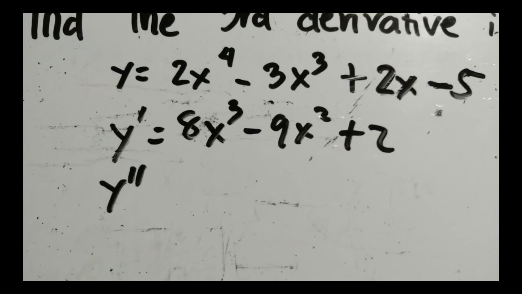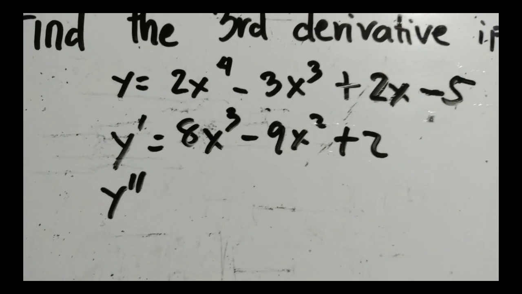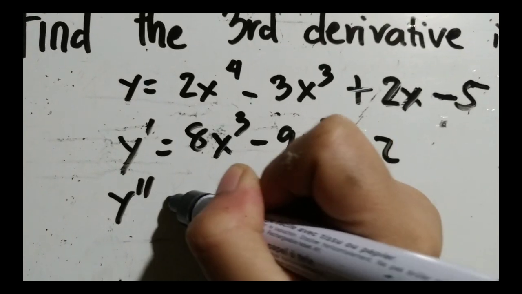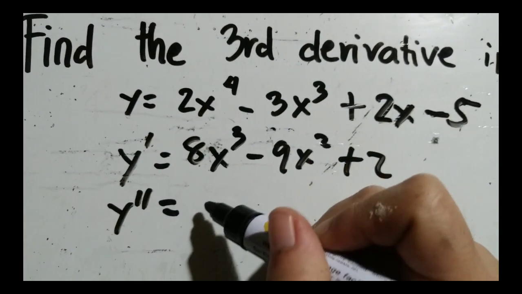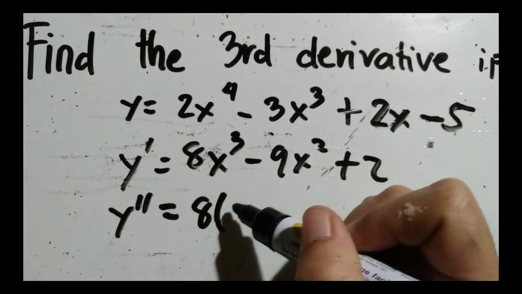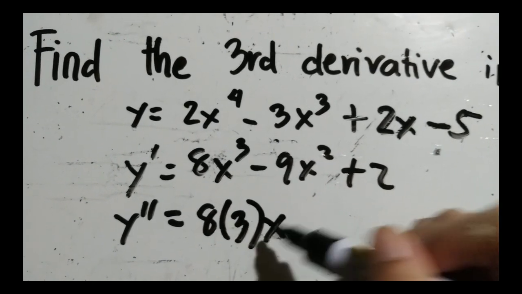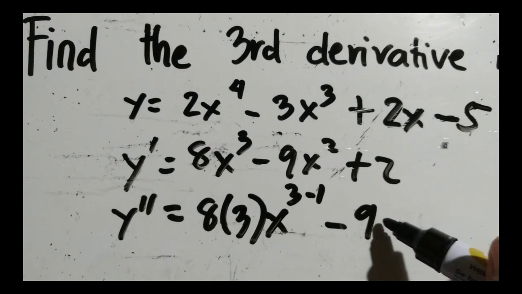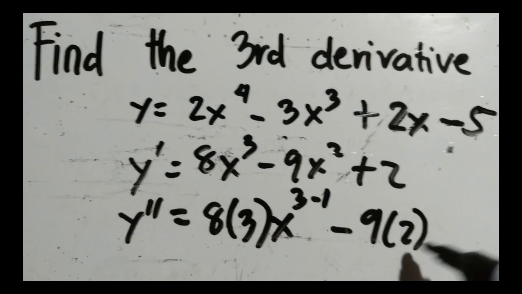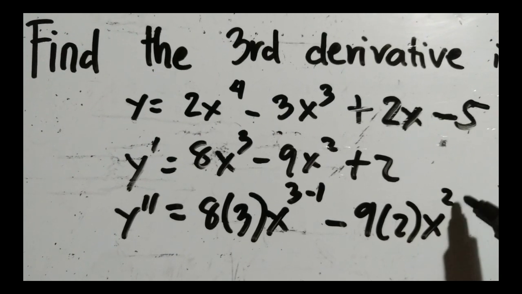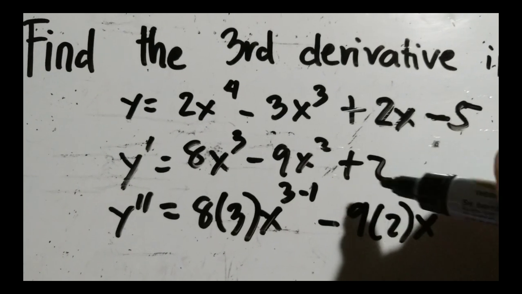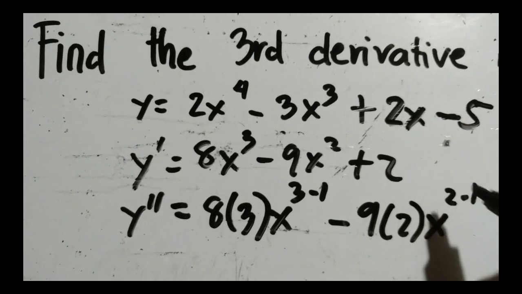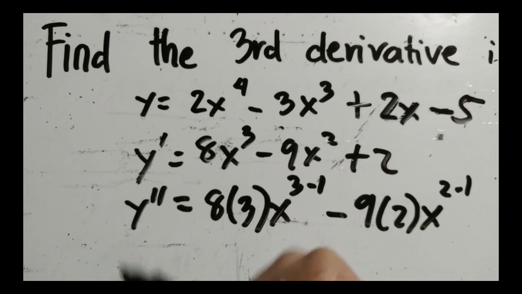Now we're going to find the second derivative. The same process: y second derivative, 8 times 3x raised to 3 minus 1, minus 9 times 2x to the 2 minus 1. According to the rule of derivative, the constant will be 0, so you don't need to write that.